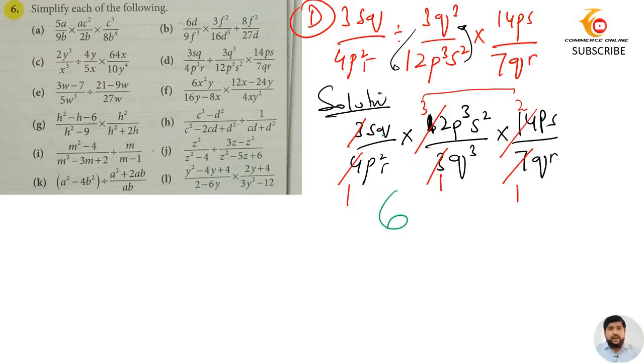Now we have sq here and q cube here and q here. So I will deduct this q with this q. Now we have p square here and p cube here. So p square will be cancelled with this p cube. Only p to the power 1 remains.